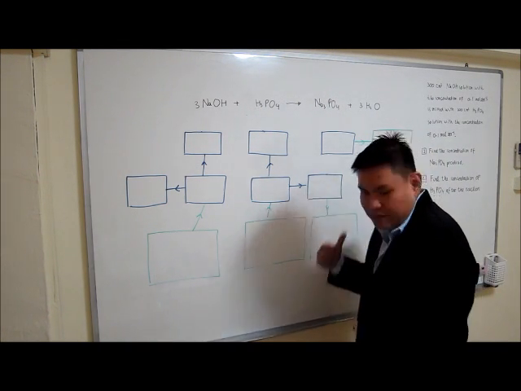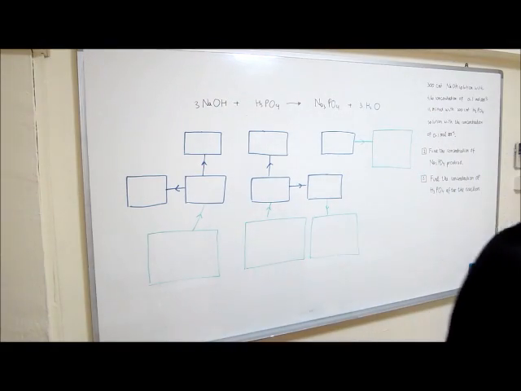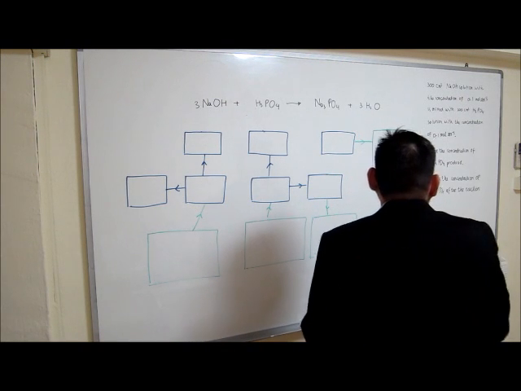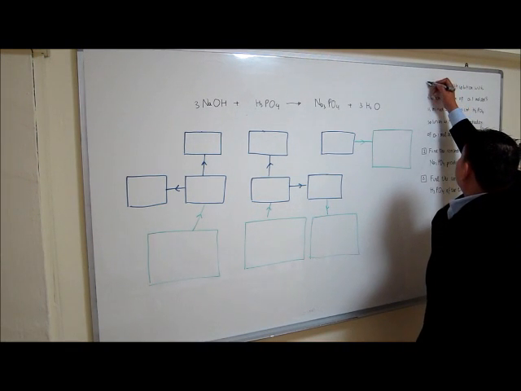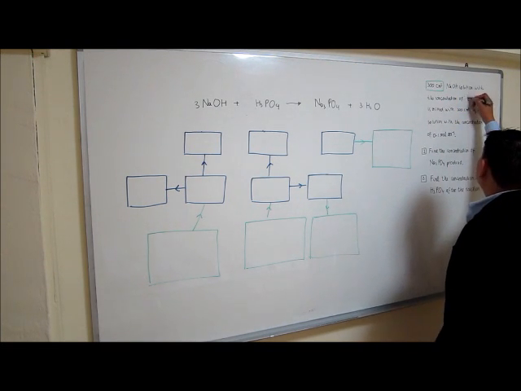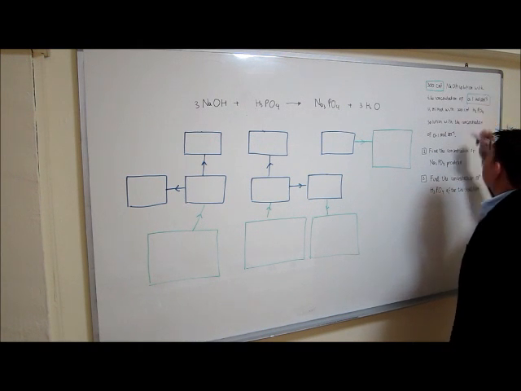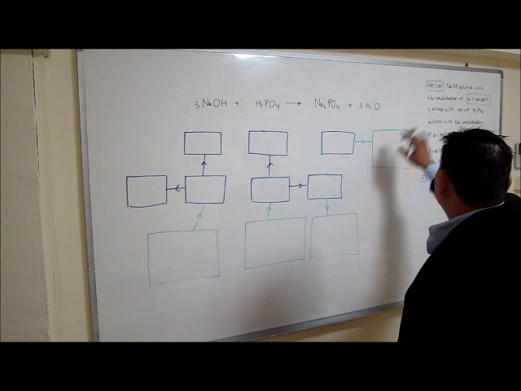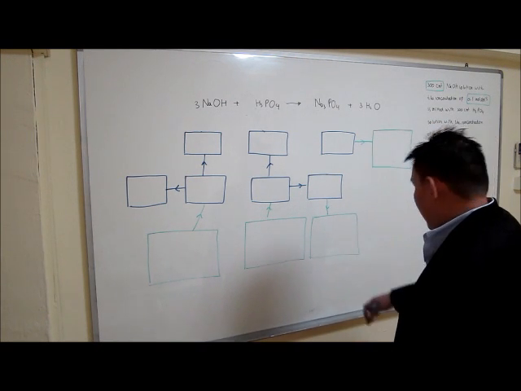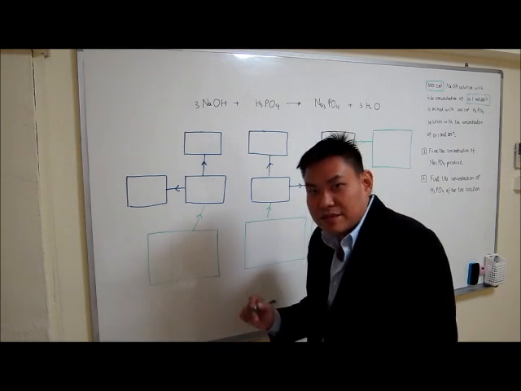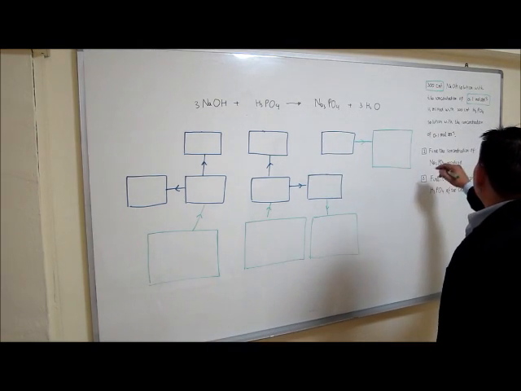And from the question, we check the information given. 300 cm cube sodium hydroxide, concentration is 0.1 mole per dm cube. Information given in other units than mole, we are going to put in this green box like this.